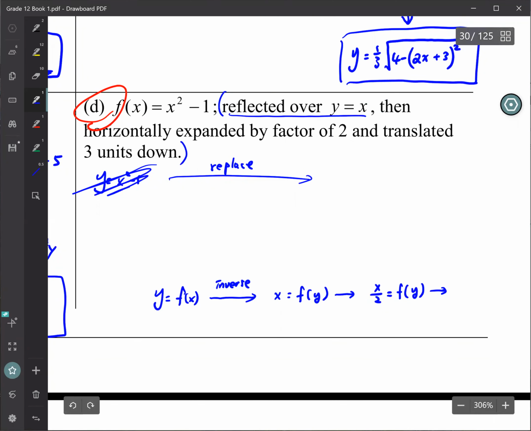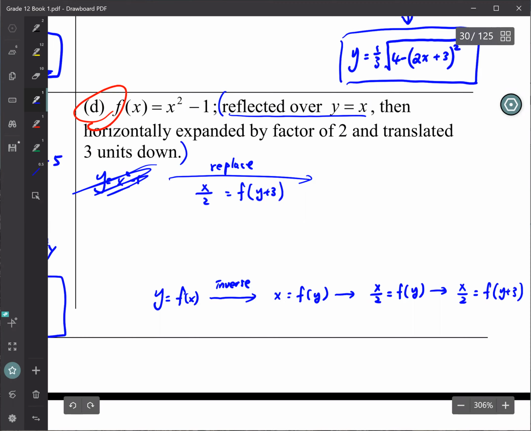And then you add 3 to y. Okay, so it'll be x over 2 equals f of y plus 3. Okay, so that will be the story form.